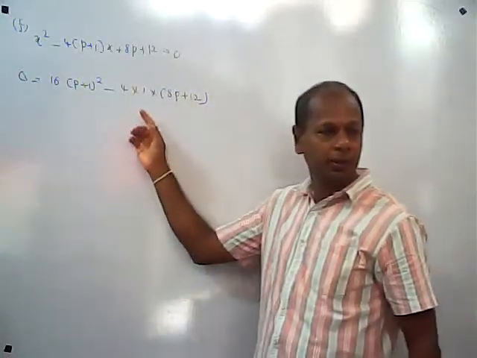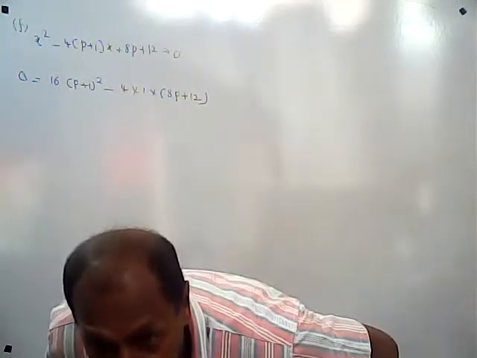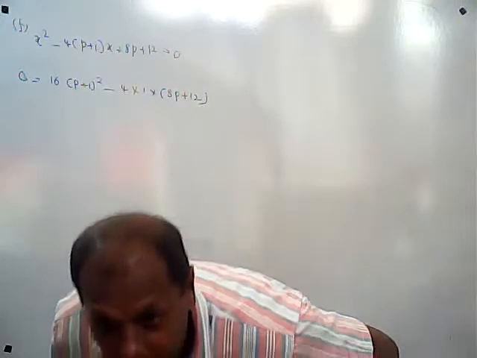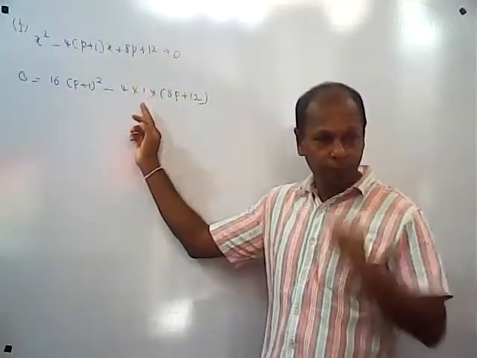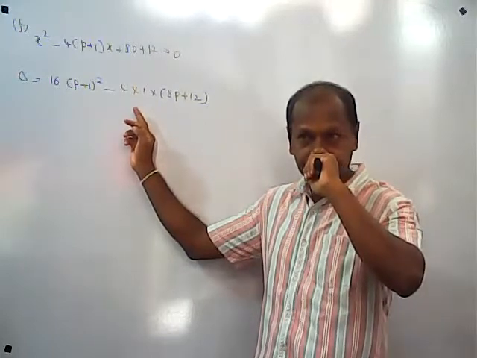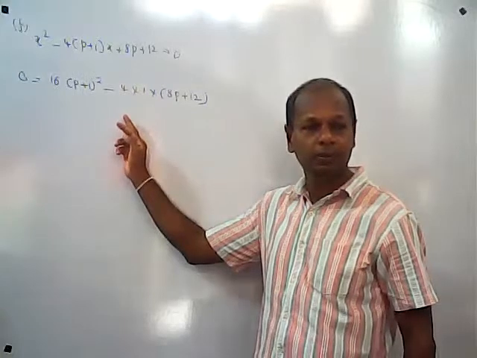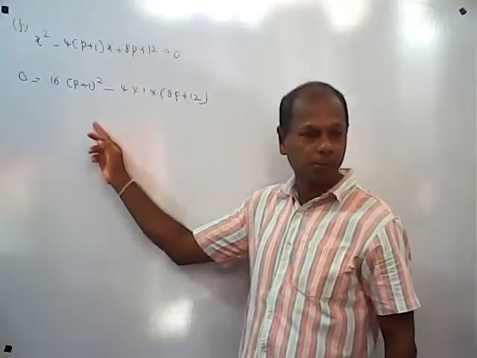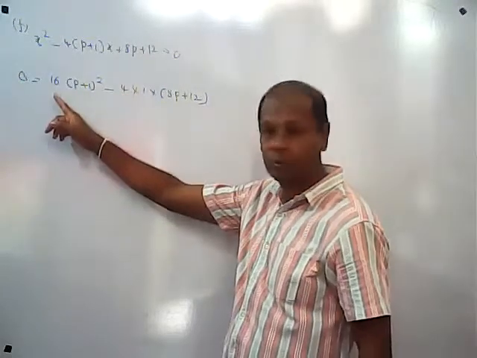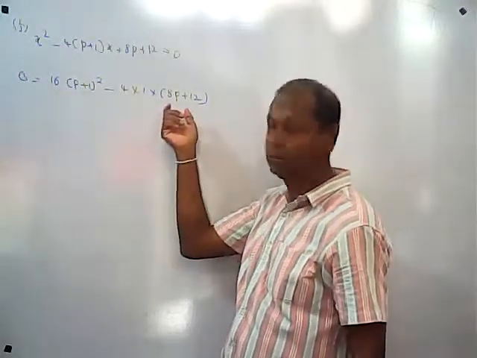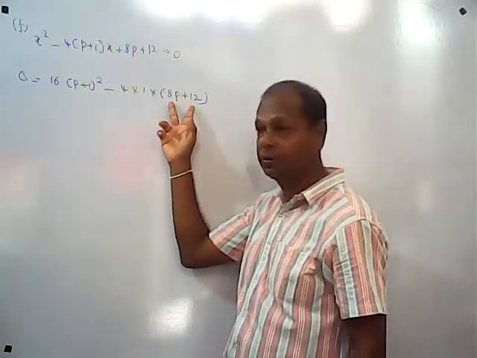Again, what do you see at a glance? Can you simplify this? You see that 4 is common, not just 4. You can take another 4 out of this.